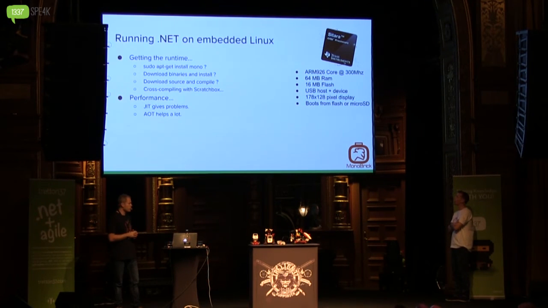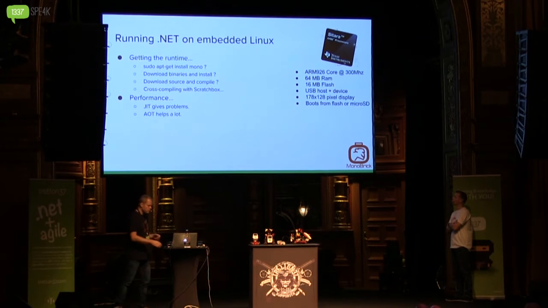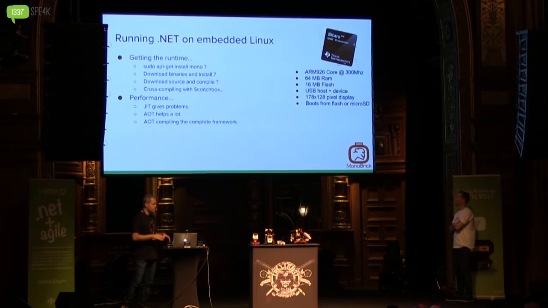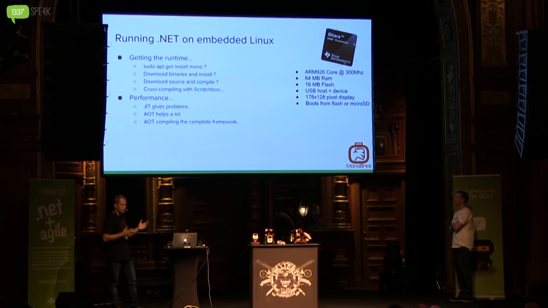It was not always working as we expected, and in order for it to work correctly, we had to AOT compile the complete framework so that everything in the program was AOT compiled. Of course, this takes a lot of time, but we just have to do that once, then we can include all the AOT compiled libraries in the firmware we have.